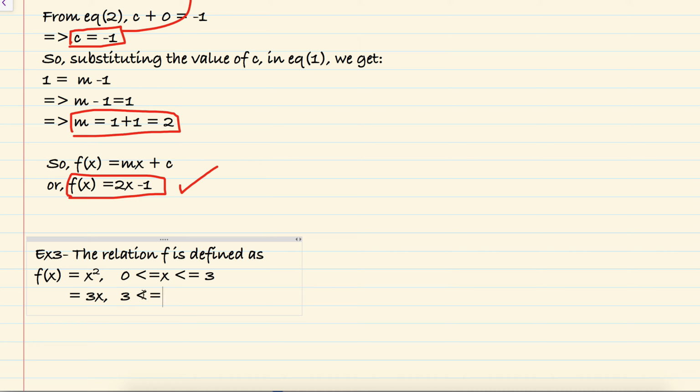So again including 3. This is the relation, not function. So this is the relation we are given.